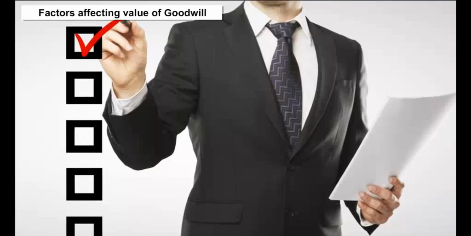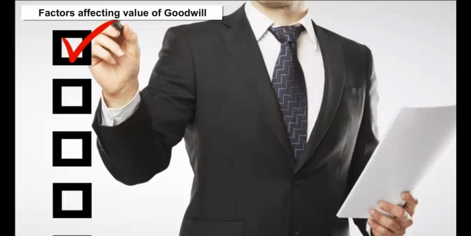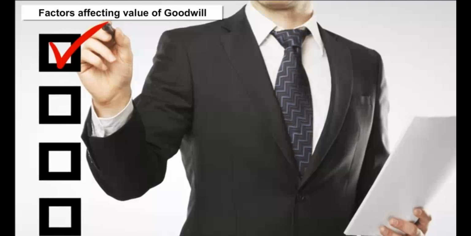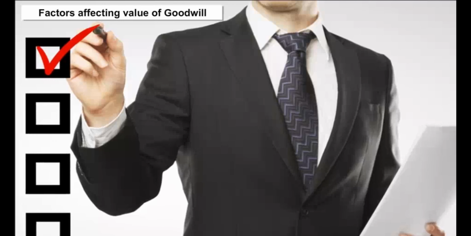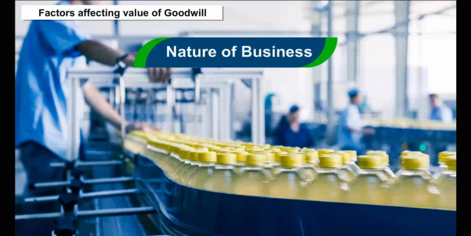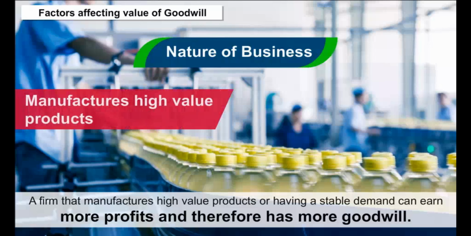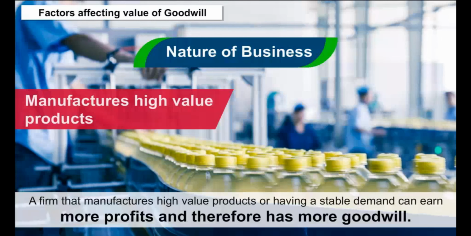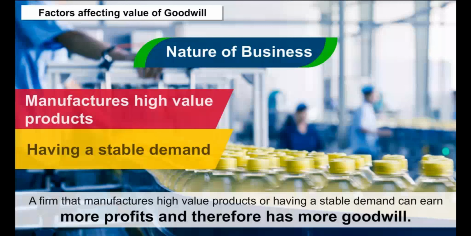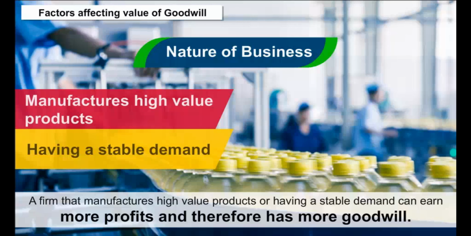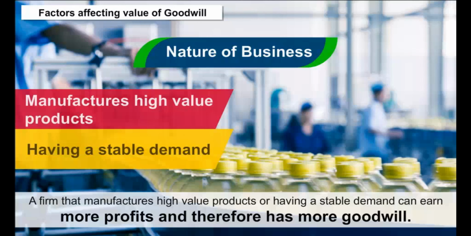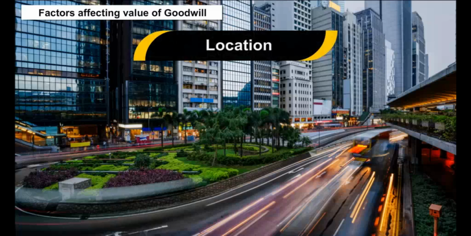Factors affecting value of goodwill. The main factors that affect the goodwill are as follows. Nature of business. A firm that manufactures high-value products or has a stable demand can earn more profits and therefore has more goodwill. Location.